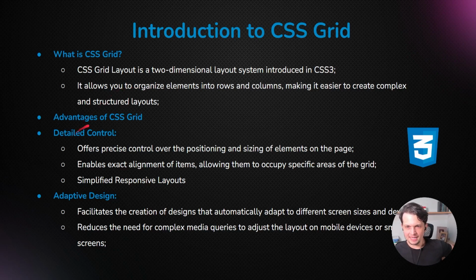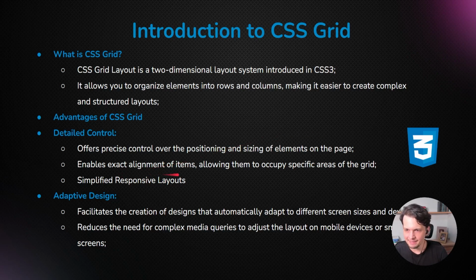And we have some advantages of Grid CSS. We have detailed control, it offers precise control over the positioning and sizing of the elements on the page. So here we can say that we have a bigger column or a smaller column following the proportion of our layout, okay?